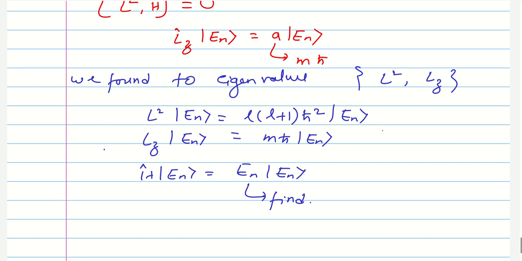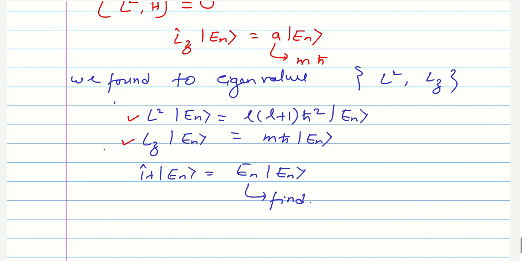So already we found two things. What is L square and Lz? So here L is an integer. So it takes values 0, 1, 2, 3, like that.